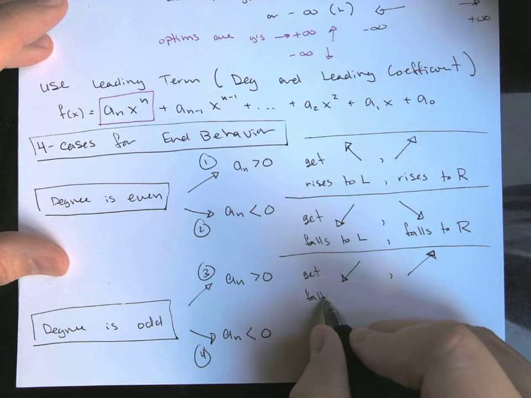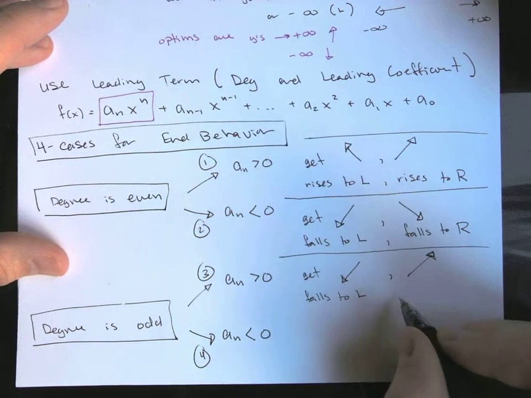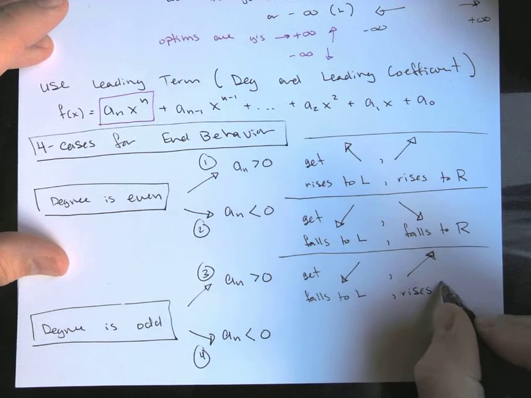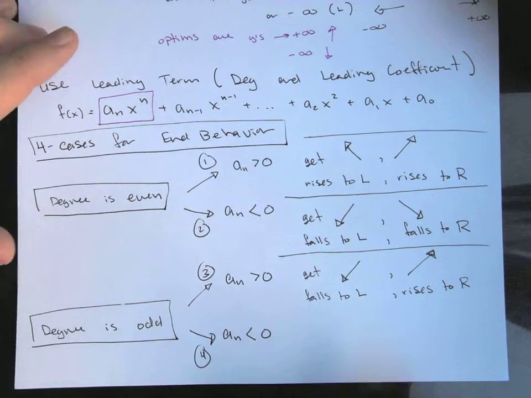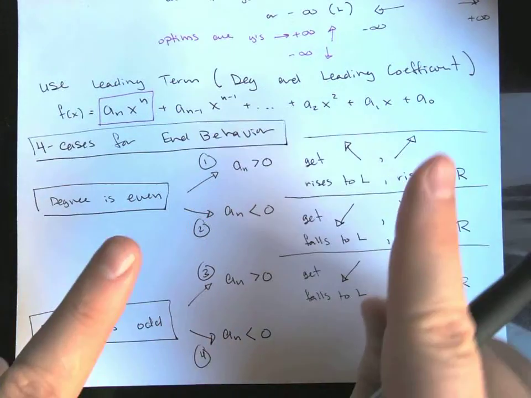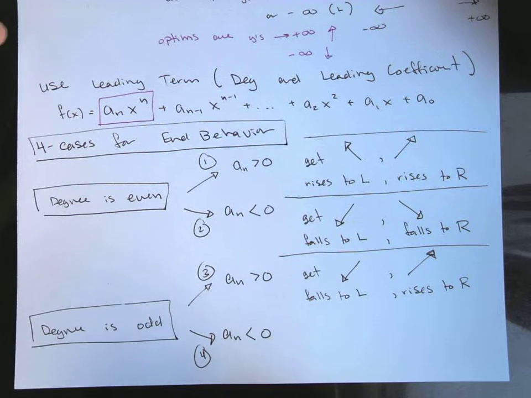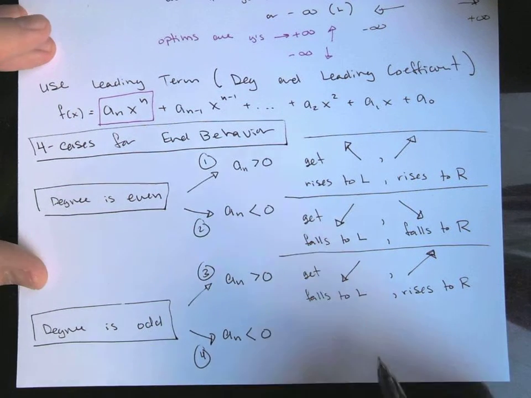So this falls to the left, rises to the right. It's disagreeing behavior. So falls to the left, rises to the right.